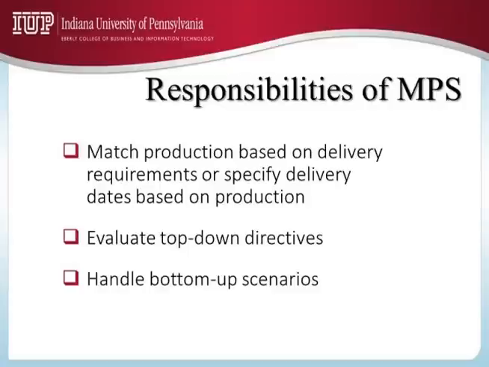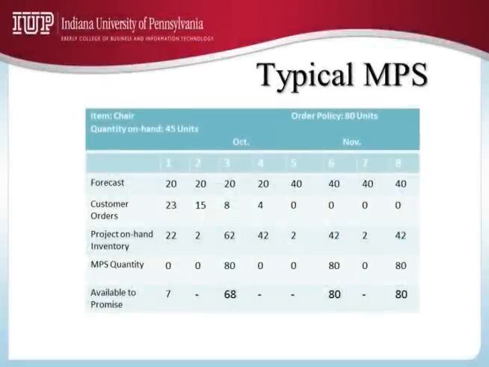Evaluate top-down directives. What I mean by that is, what if there is a demand for 50 units in week 2? We said we can't accept it, right? But what if this order of 50 is from your number one customer who is responsible for 40% of your sales? Would you say no to that customer?